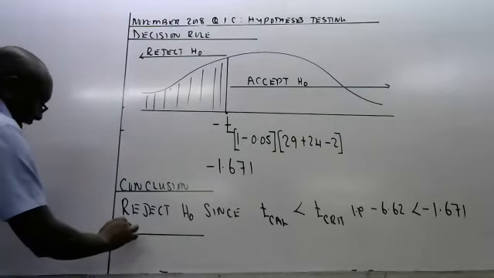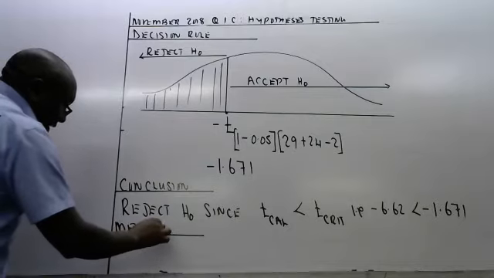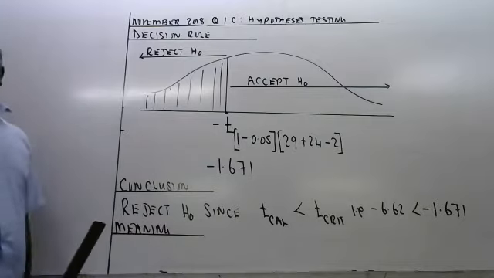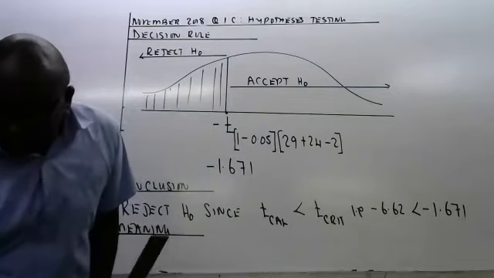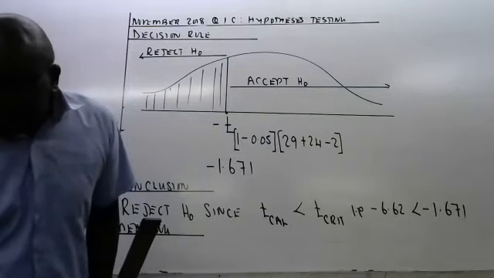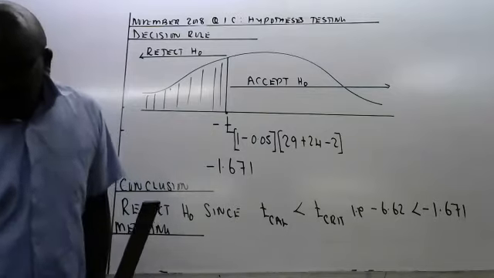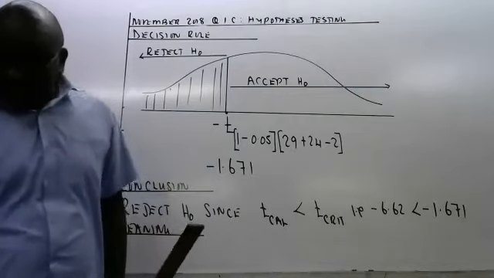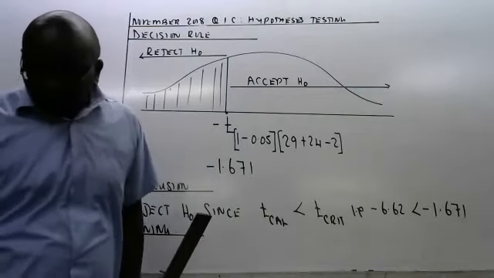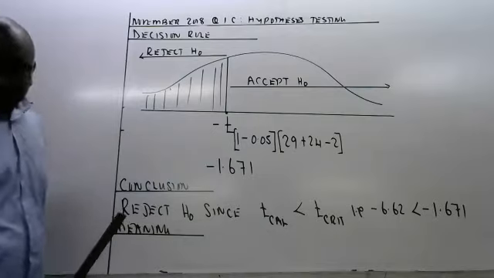When we say reject, what does that mean? I told you in writing the meaning, you go to the words of the examiner who had said, determine whether there is a significant difference between the average monthly salaries.